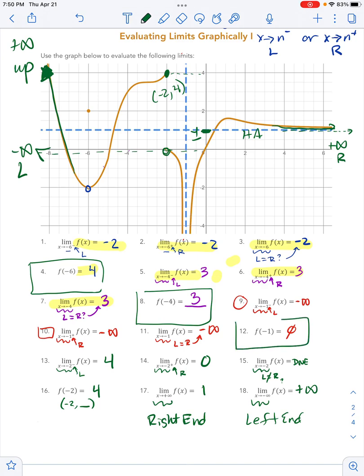Here, what's the actual value when you go to -1 as an x? So everything else that says limit, limit, limit, limit is asking what it's going towards. And then when it straight up says f of -1, f of -4, f of -6, it's giving you a specific number to look at and tell them the specific y that goes with it.